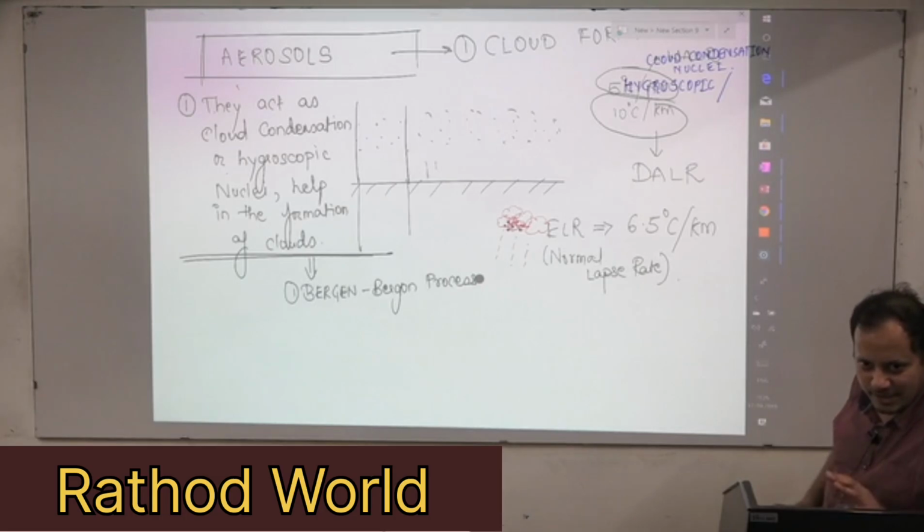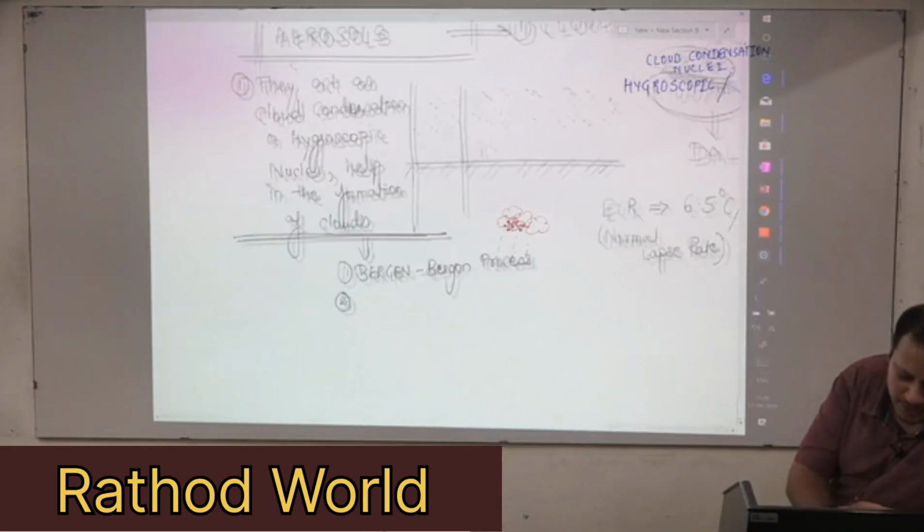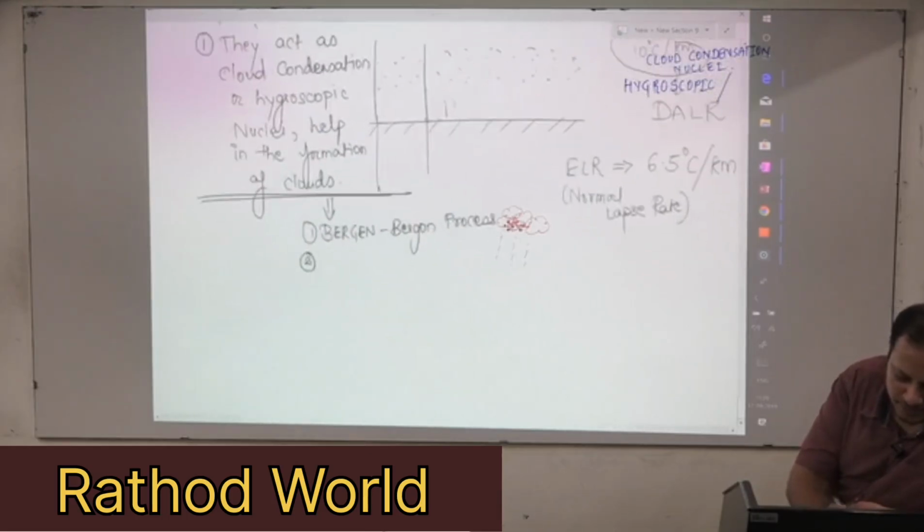Collision coalescence theory. And if you are in the other region, this is the ice crystal theory of the cloud formation. And if you are in the other subtropical region, there is a normal theory of the cloud formation.